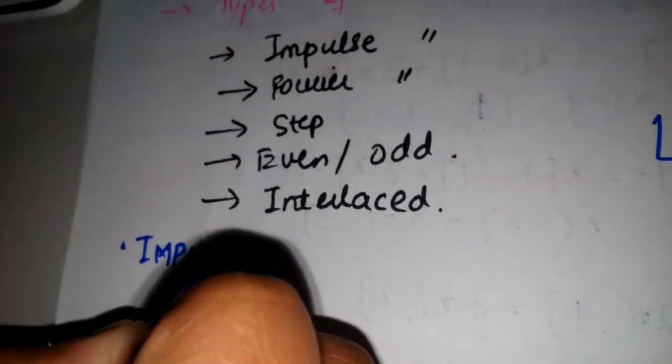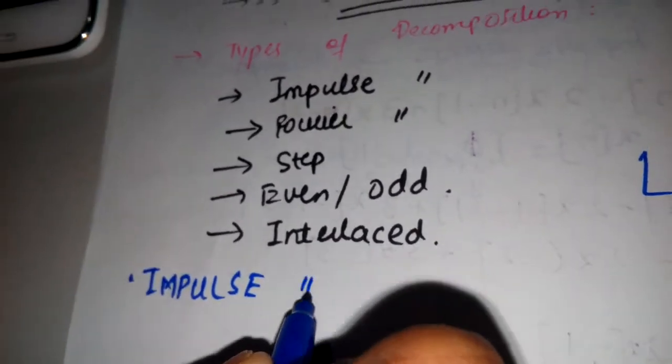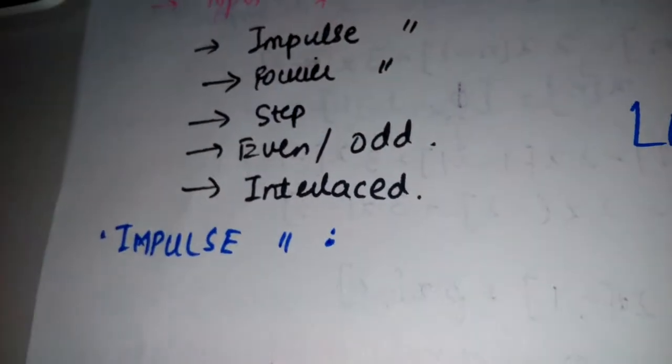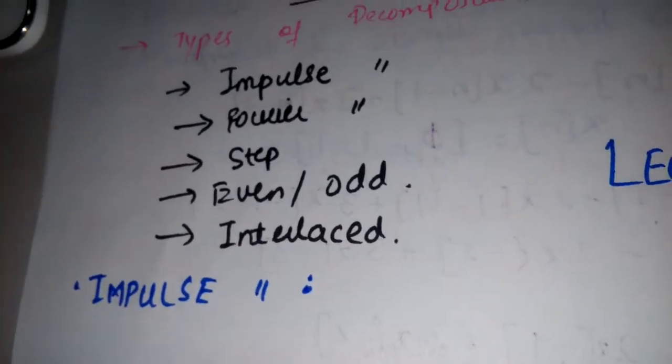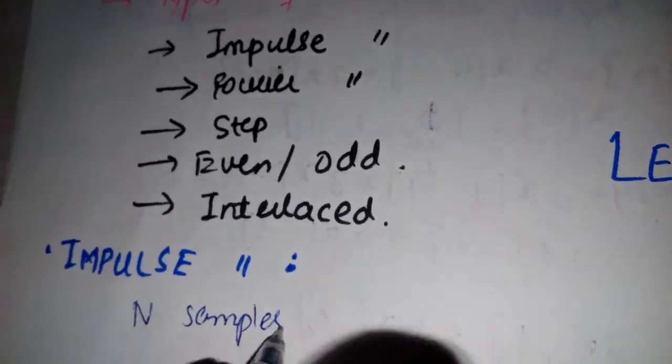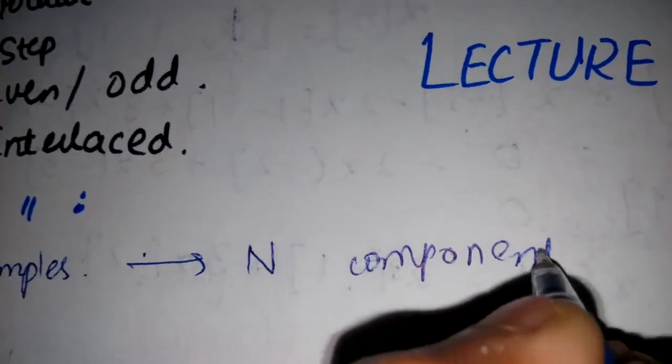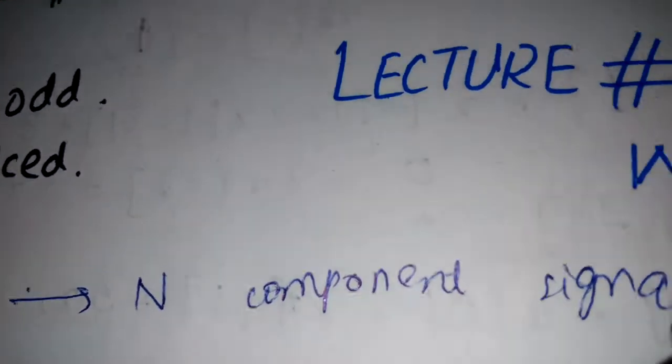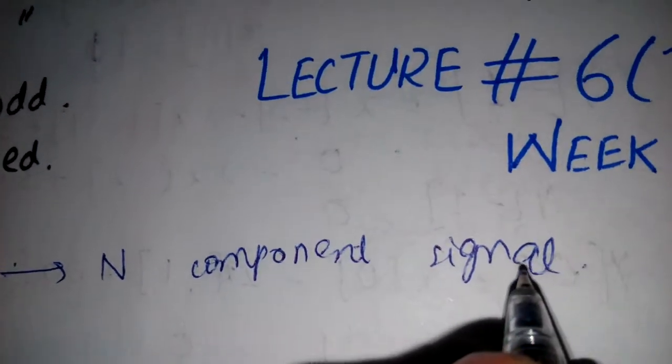Impulse decomposition is one in which it breaks an n sample signal into n component signals, each containing n points.